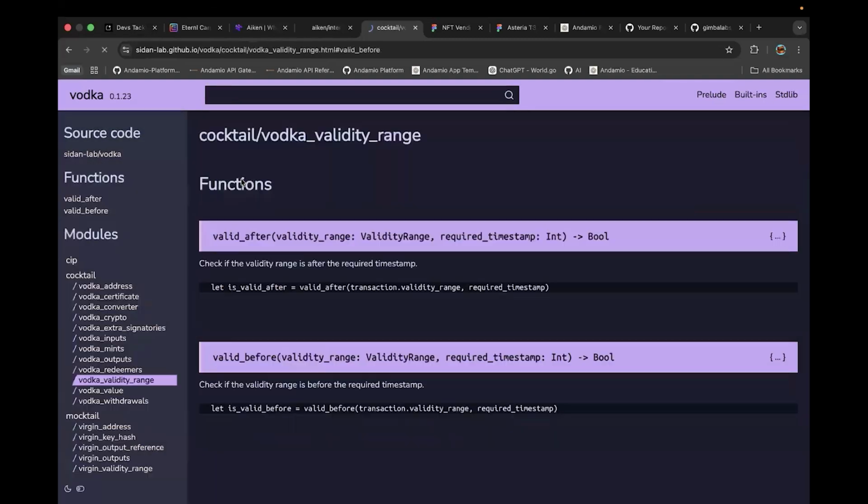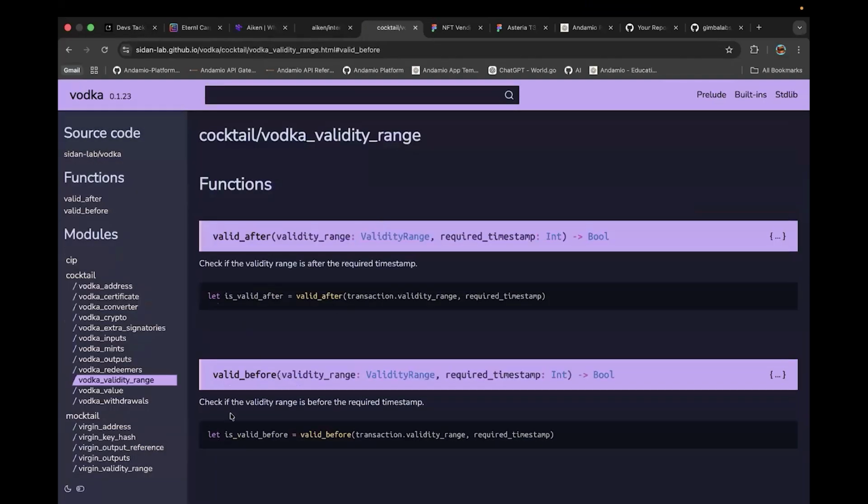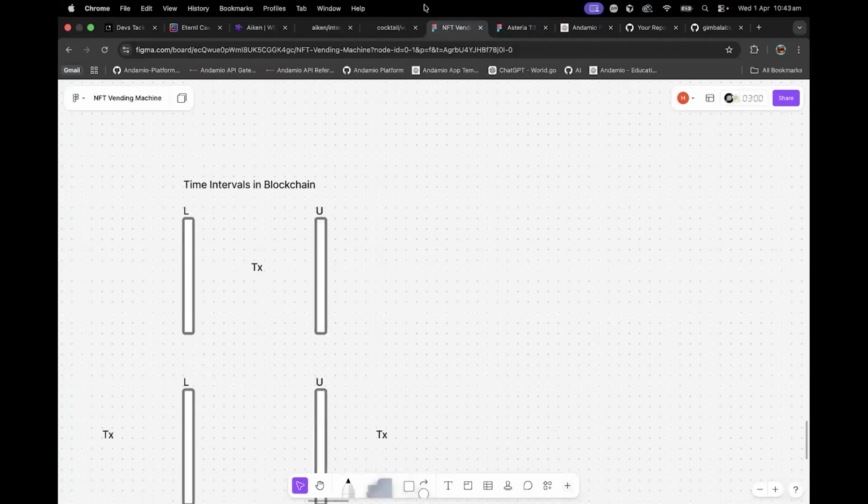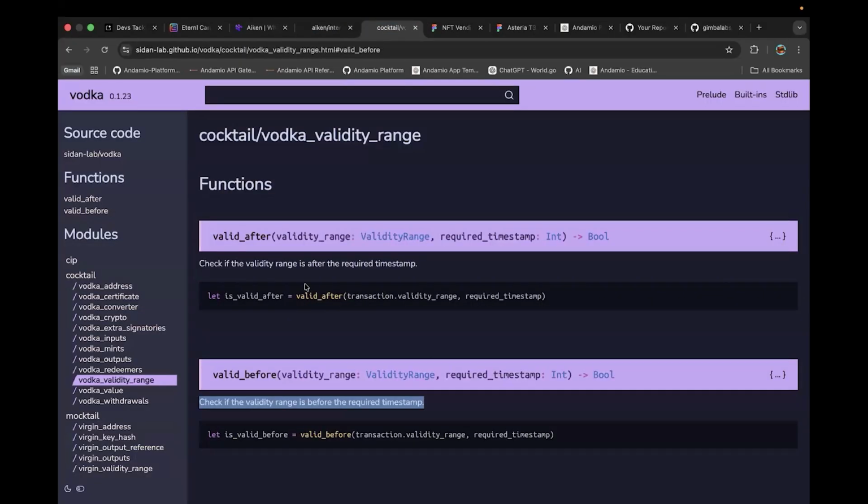Valid before checks if the validity range is before the required timestamp. So I want to draw this out. What does this mean? If the validity range is before the timestamp, what does that mean?